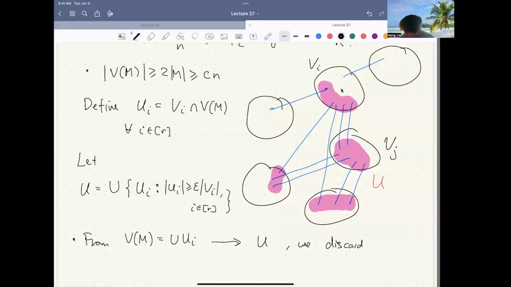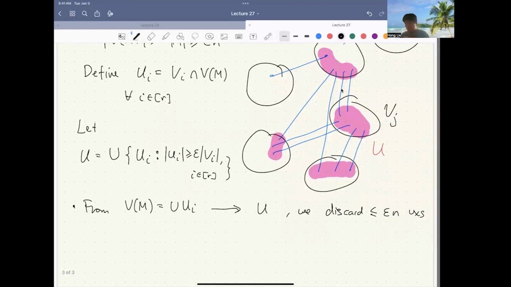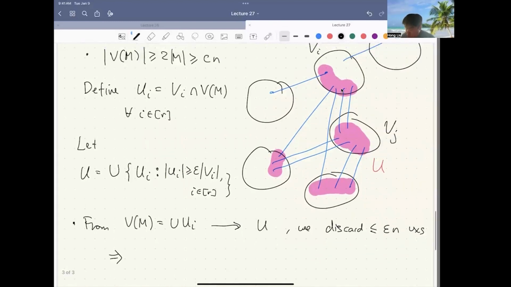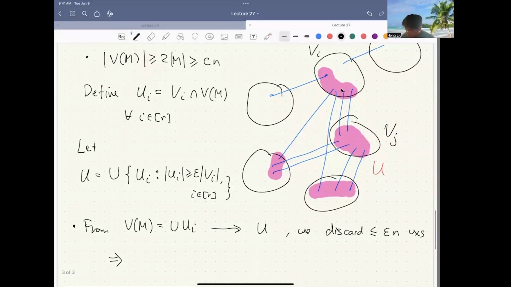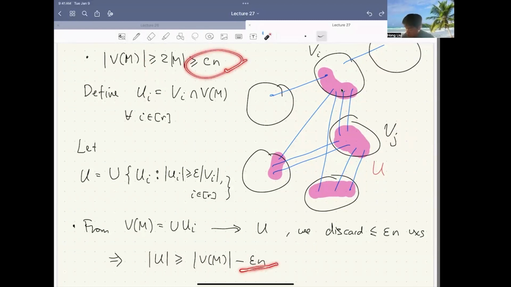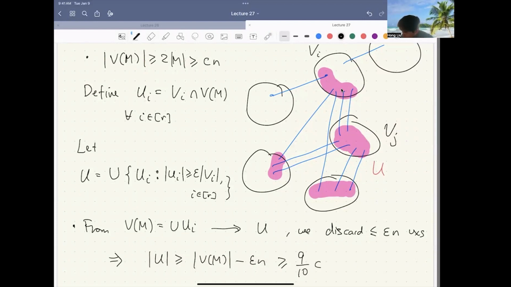We discard at most epsilon n vertices. This means what? We know a lower bound on the number of vertices of M. This implies U is at least the size of V(M) minus epsilon n. But V(M) is at least Cn in size, and epsilon is 1/10 times C. So this is at least 9/10 times Cn.